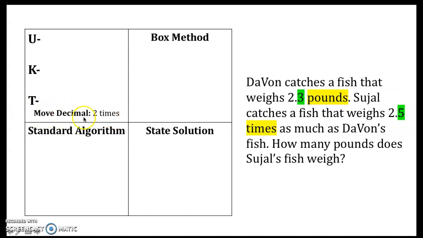So after determining how many times we're moving our decimal, we're going to be looking at our units. And remember, units are usually found after the number or after the decimal. And in this case, our units are pounds and times. As we can see, these two units did not match up, so we know that we can eliminate addition and subtraction. So we need to move on to our keywords.